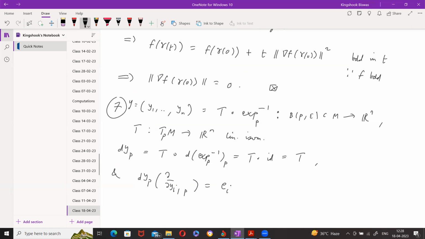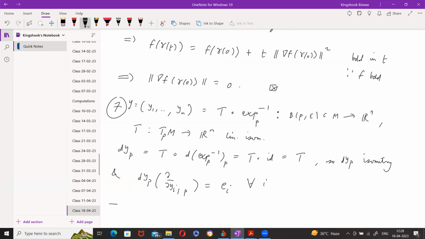So this says that dy_P is an isometry, and it maps del yi at P to e_i for all i.